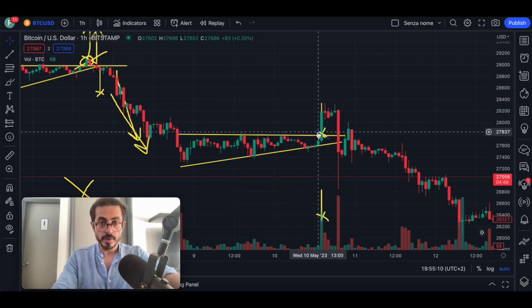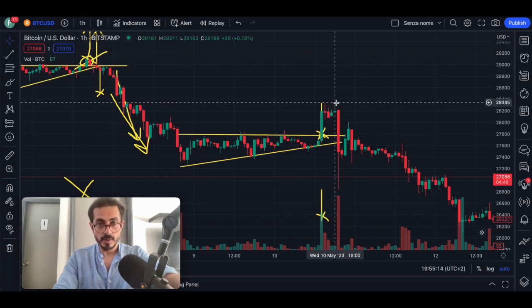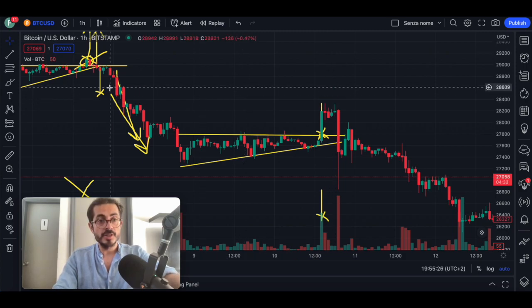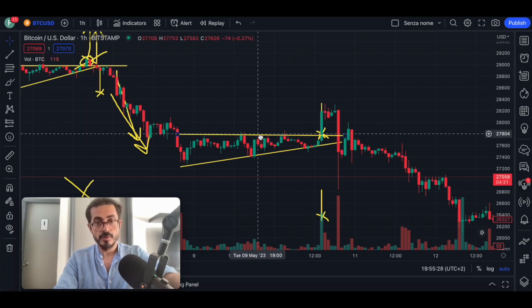So you had to enter this trade at breakout, take profit here at 28,345 US dollars, and that's it. That's how you trade the ascending triangle. If it breaks to the downside, you short. If it breaks to the upside, you long.